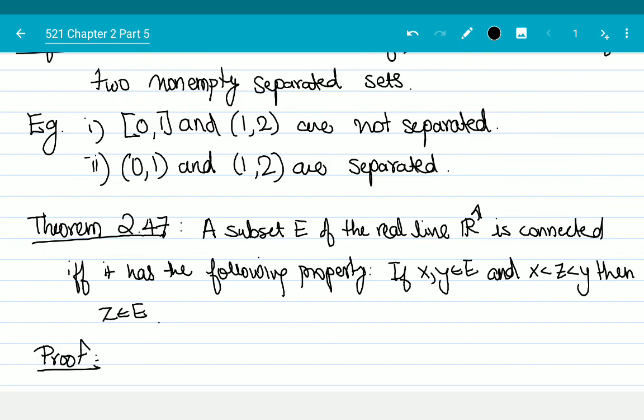In this case, what we are saying is it has to be some sort of an interval, either closed or open or half open, half closed. Any of these is fine, as long as it is some sort of an interval.